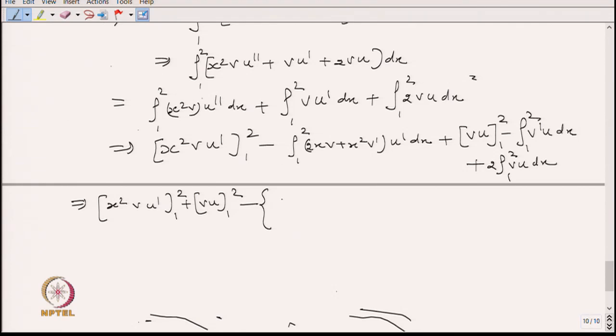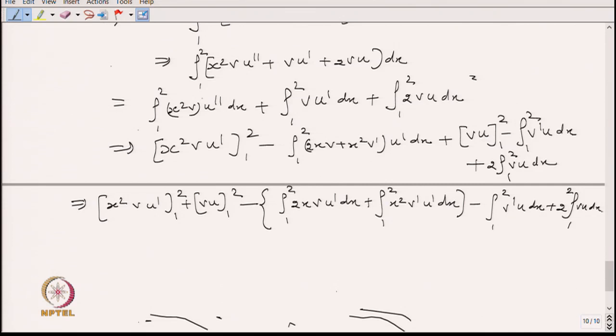So, this will be the integral 2xv u dash dx plus 1 to 2 x square v dash u dash dx. So, this is separating, I am doing this one, minus 1 to 2 v dash u dx plus dx. So, I am solving this one now.